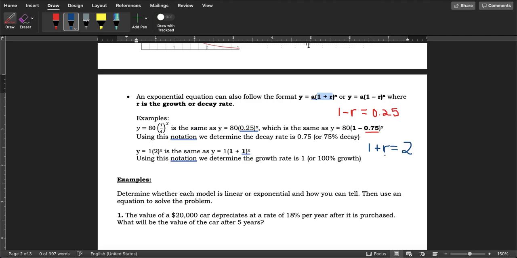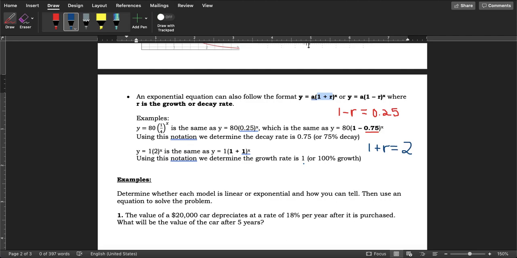What I substituted in place of r was 1. So 1 represents my r value. Using this notation, we determine the growth rate is 1, or 100% growth. Remember, 1 in decimal format represents 100%, meaning that these numbers were growing by 100% every single time.